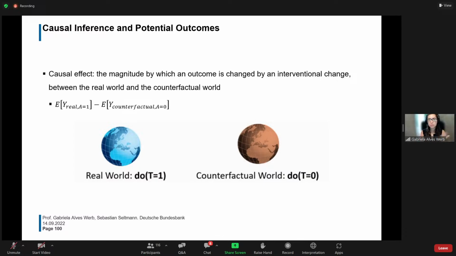But by definition, we do not have these clones, or these alternative realities out there. So we only observe either the institution was affected or the institution was not affected, but not both. So that's the root of the conundrum that we have with causal inference. And there's, in principle, no direct solution to that. So I'm not going to observe the same entity in both states. I'm only going to observe one of those states.